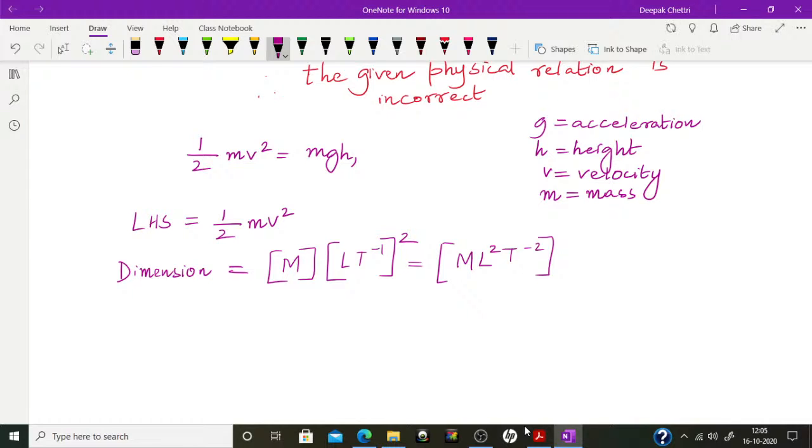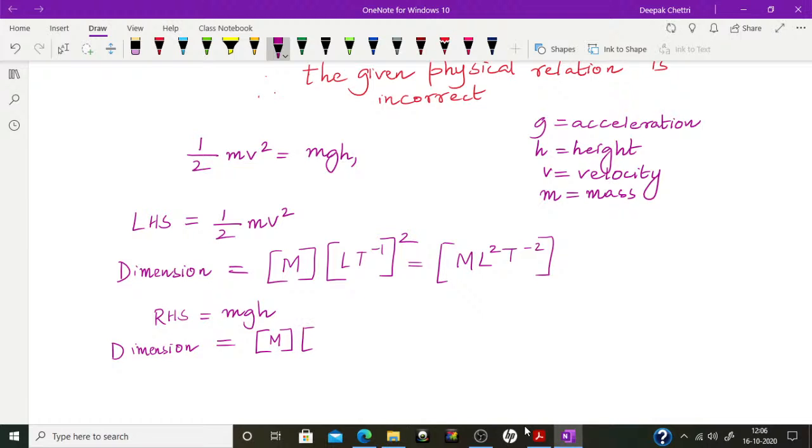Let us find the dimension of the right side. So the right hand side is mgh. Again, the dimension is M for mass.